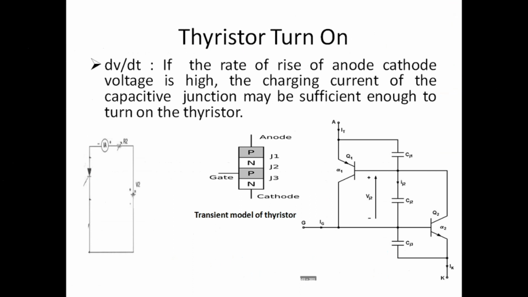DC is a constant, correct? See here, if this is the voltage axis and this is the time axis, and you are applying a DC, say 100 volts, it is a straight line, correct? So the change in this is 0.